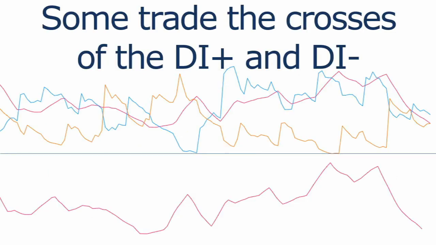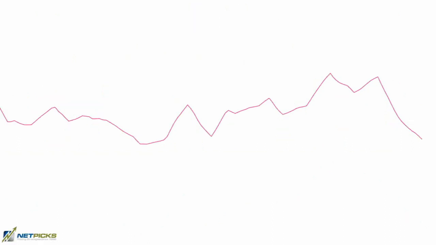So how do you read it? Again, I want to talk about the basic form of the ADX, just that line, not the multi-line version, and the difference between those two. Some traders will use the crossing of the directional movement lines, the DI plus and the DI minus, as trade entries and trend direction. I personally take them off the chart and just have the one line.